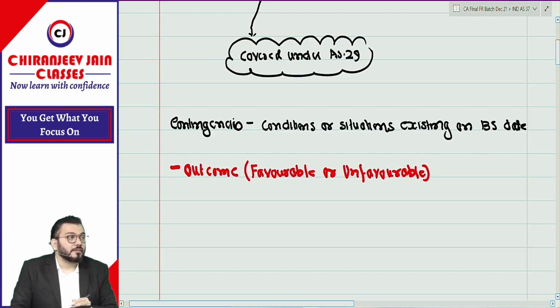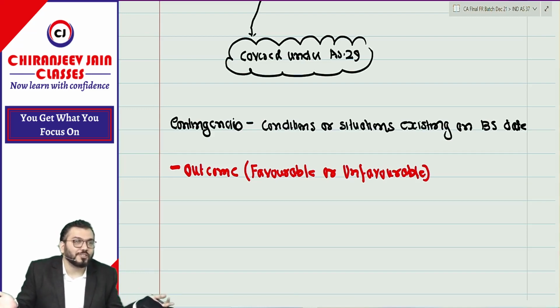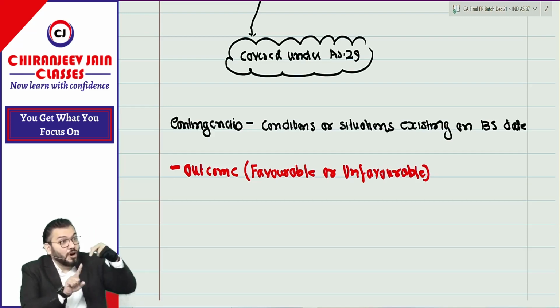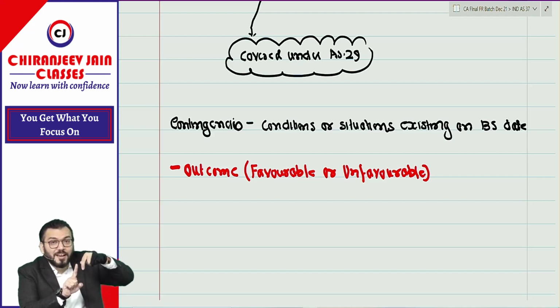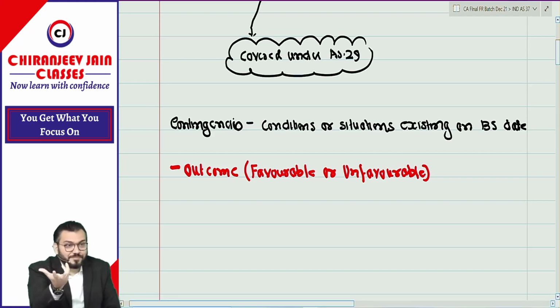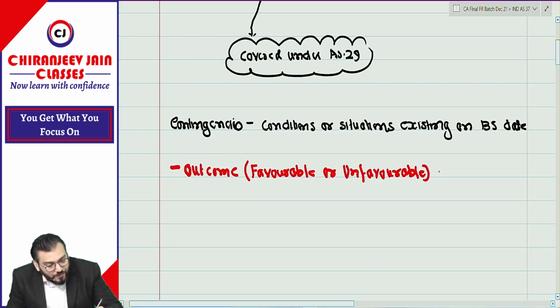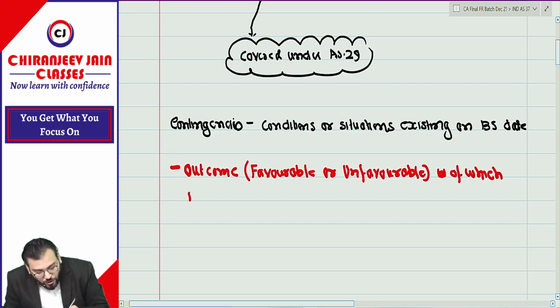The outcome of which is not known. We don't know what will be the outcome of that condition on balance sheet date, but the condition already is existing. I hope you are understanding.